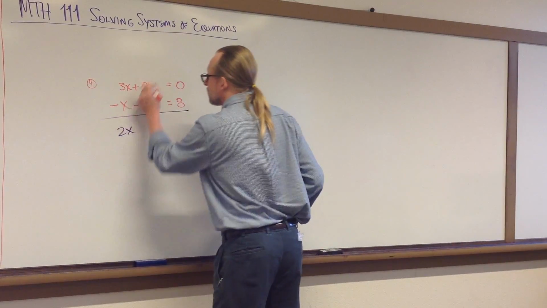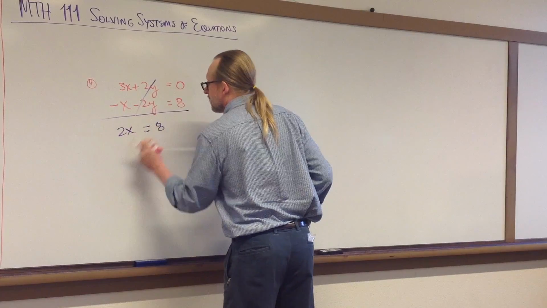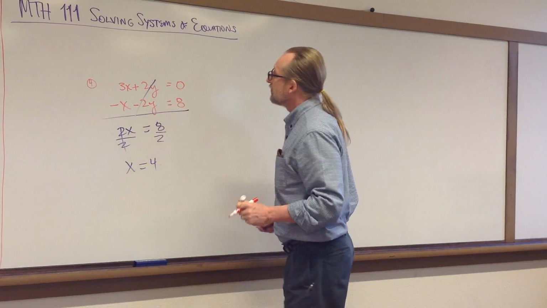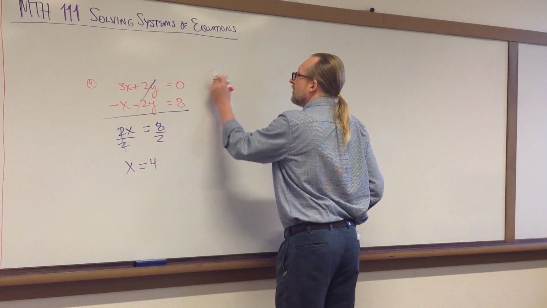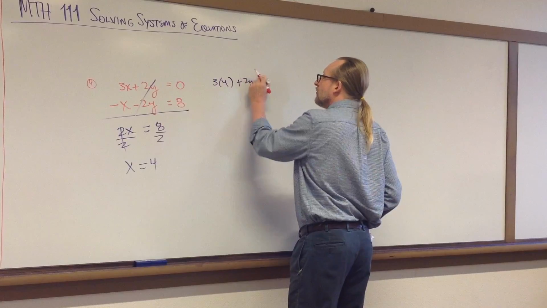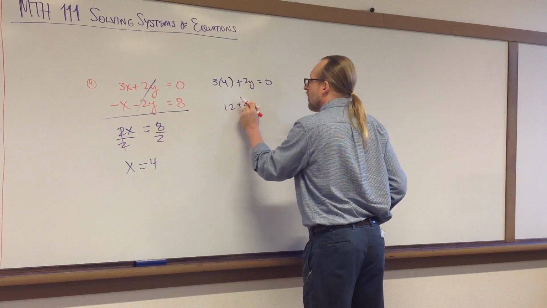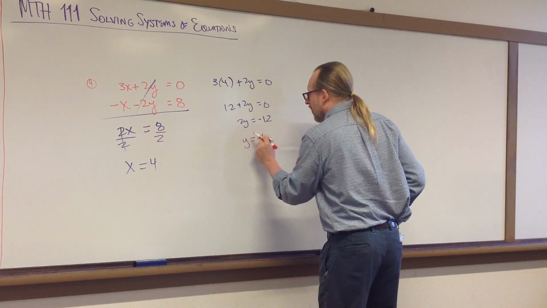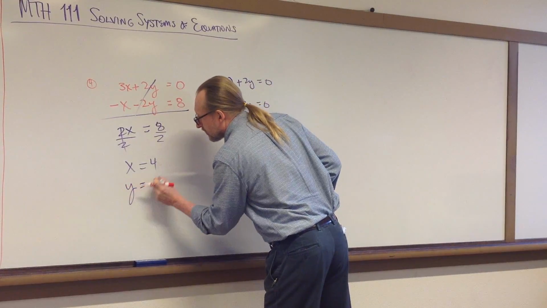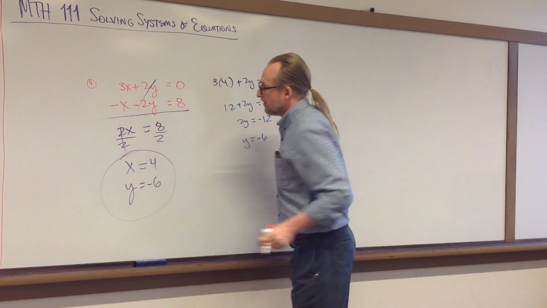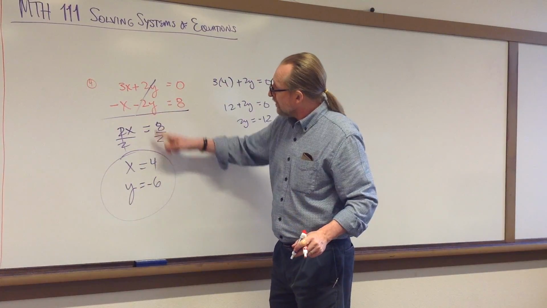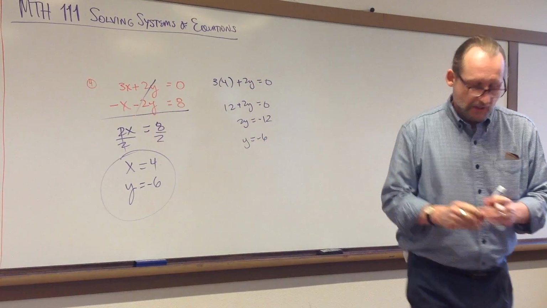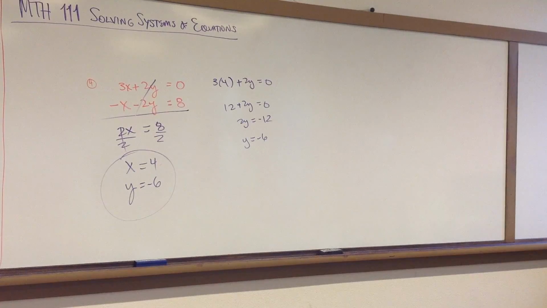This will be 2x, those will cancel out, equals 8, and so x is 4. So let's see here, if we plug the 4 in, 3 times 4 plus 2y equals 0. So 2y is negative 12, y is negative 6. And let's double check that in this equation. Negative 4 plus 12, yeah, gives us 8. All right, so there's problem 4.